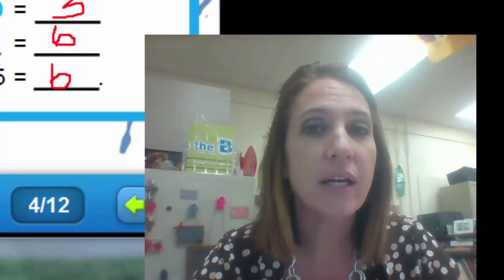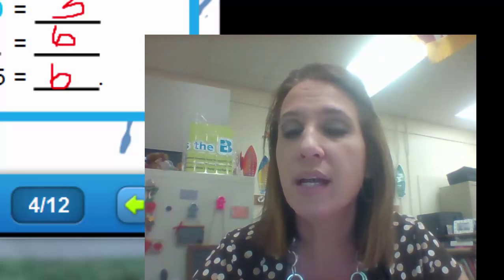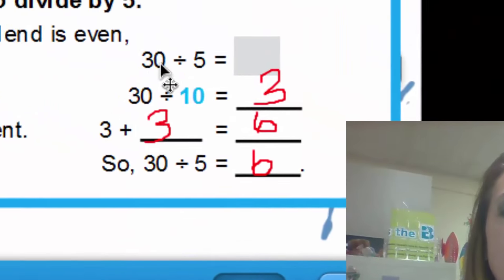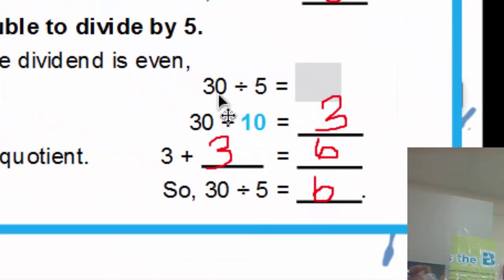I think we need to clarify a couple of your reasonings. Think about it. A multiple of 5 always ends in either a 5 or a 0 in the ones place, right? So 5, 10 with a 0, 15 with a 5, 20 with a 0, 25 with a 5, 30 with a 0, and so forth.